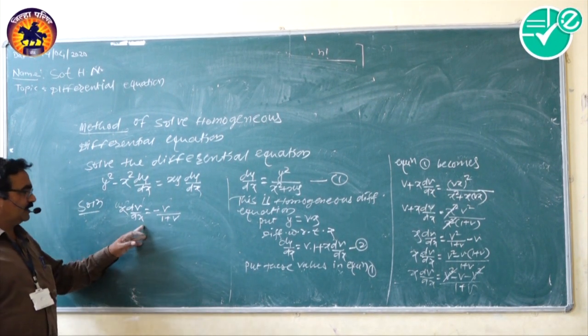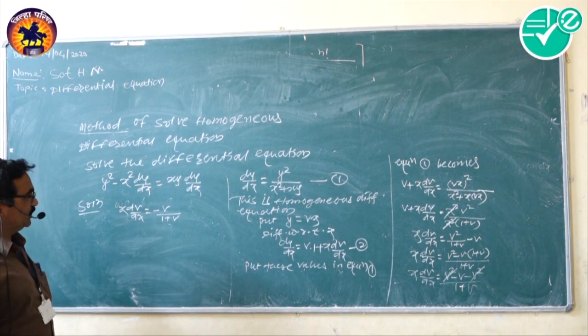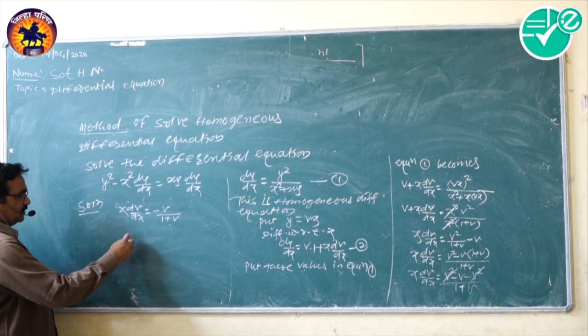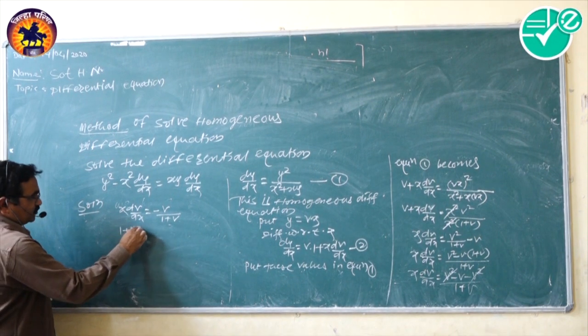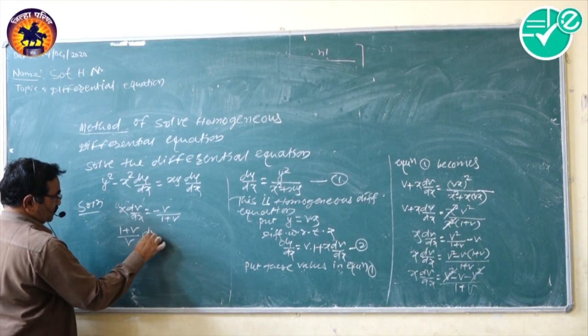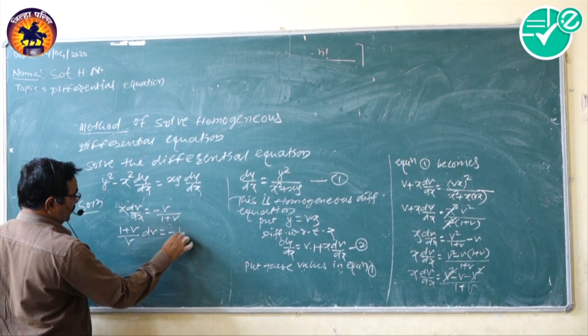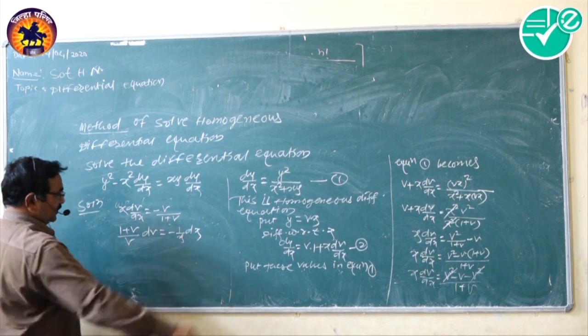After that, 1 plus v upon v dv is equal to minus 1 upon x dx.